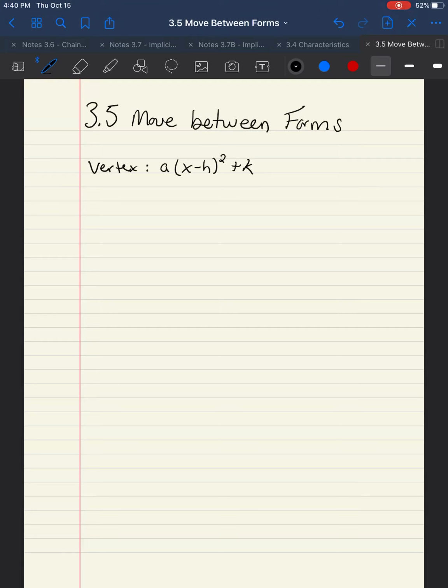Vertex form says a times x minus h squared plus k. Then we had standard form, and then finally intercept form.